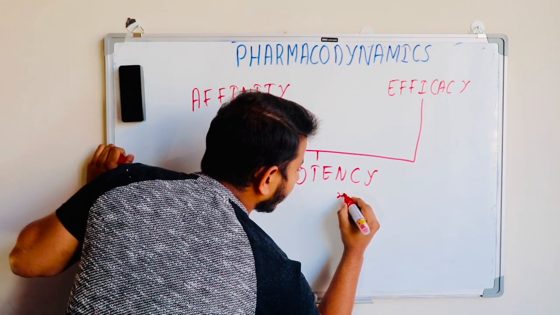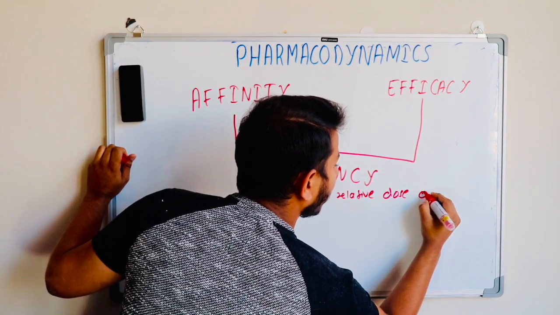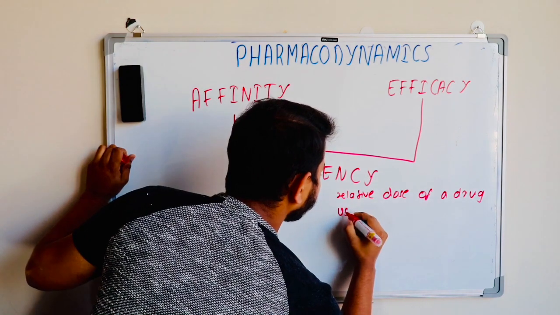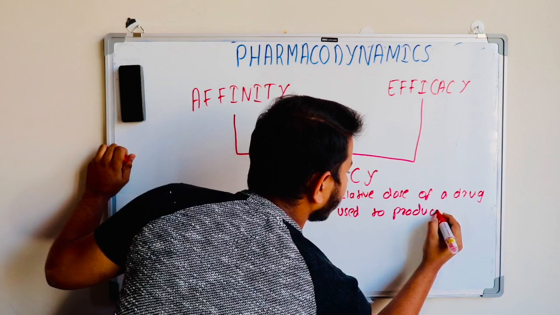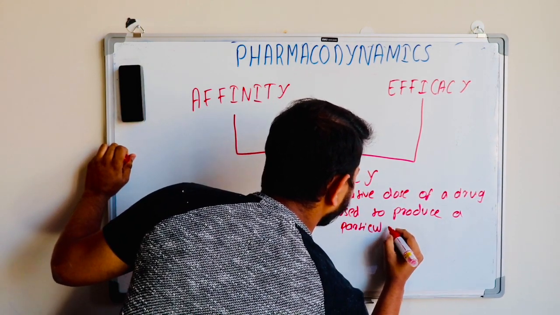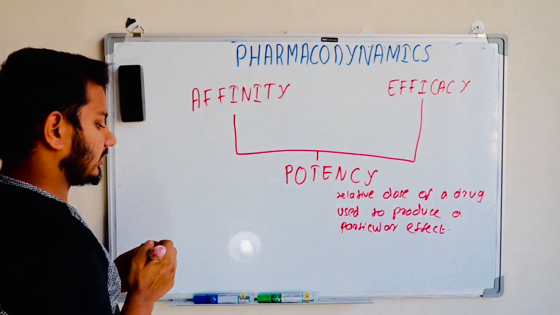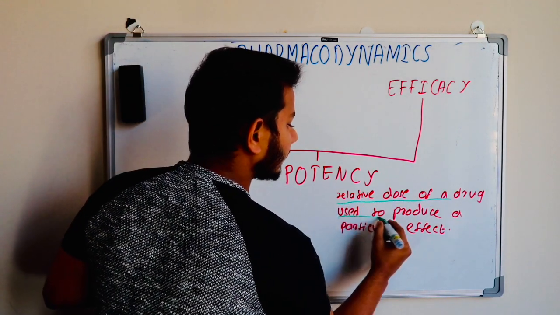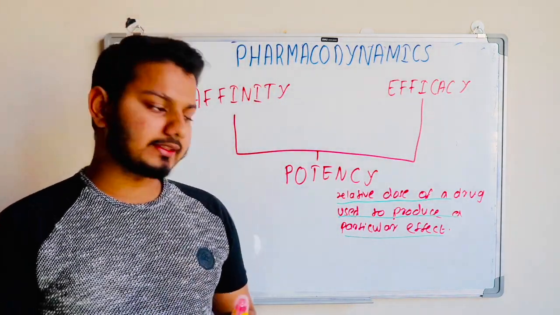So potency is the relative dose of a drug used to produce a particular effect. This seems hard, but I'll explain it with an example.